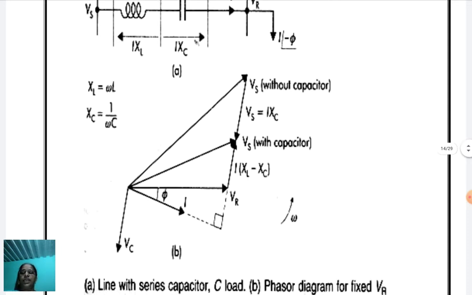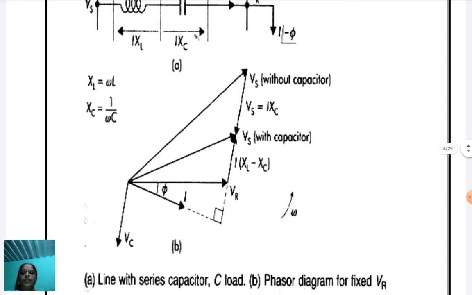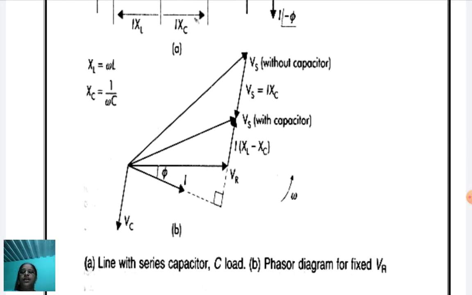Now you see the phasor diagram. In the phasor diagram, we have to fix the voltage VR. VR is the reference voltage, and then the capacitive voltage lags behind the voltage VR. The sending end voltage Vs with the capacitor and the sending end voltage Vs without the capacitor both lead the voltage Vr.